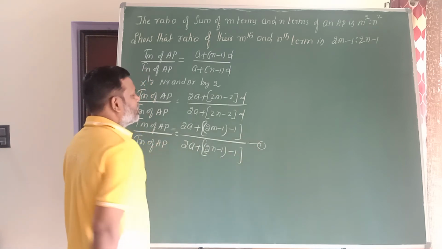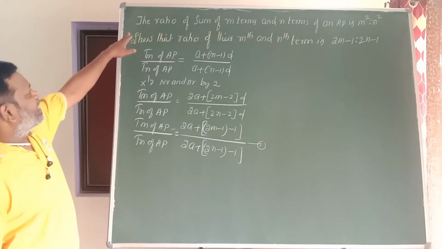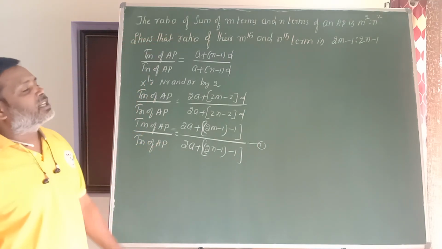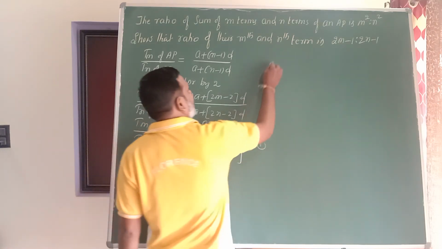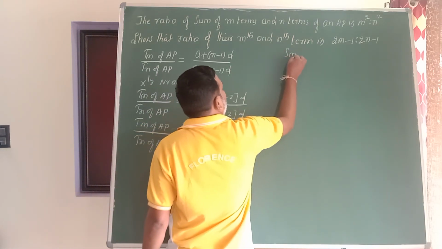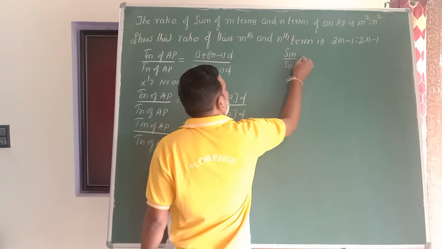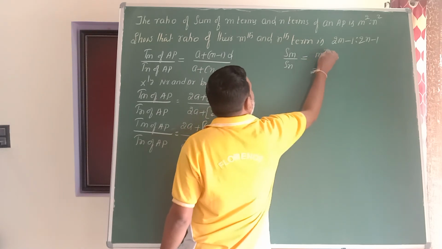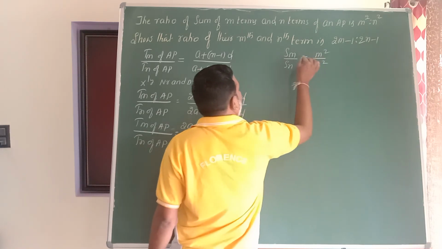Now the given thing is ratio of sum of m terms and n terms. How can I write? Sm divided by Sn. What is the ratio they are given? m square divided by n square.